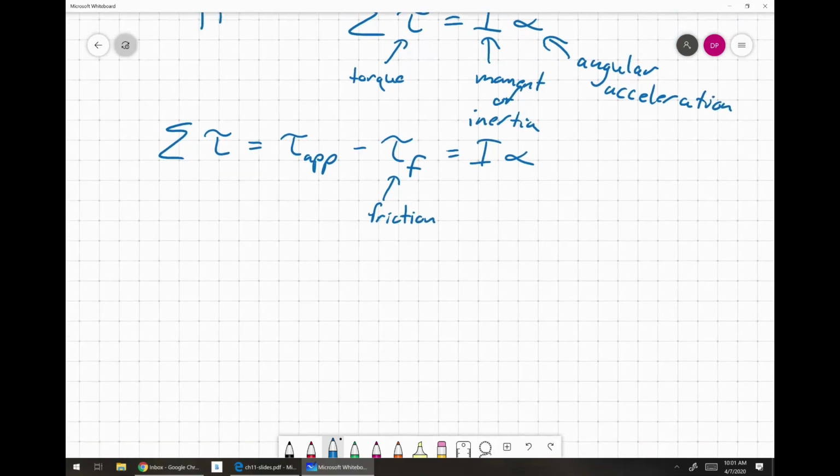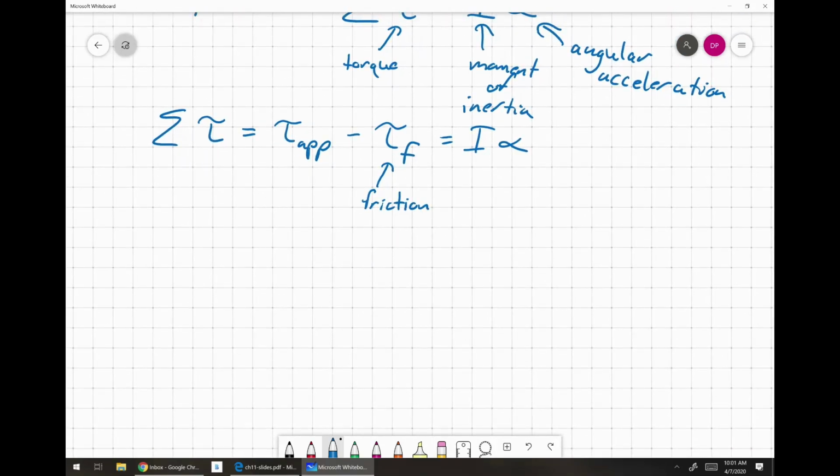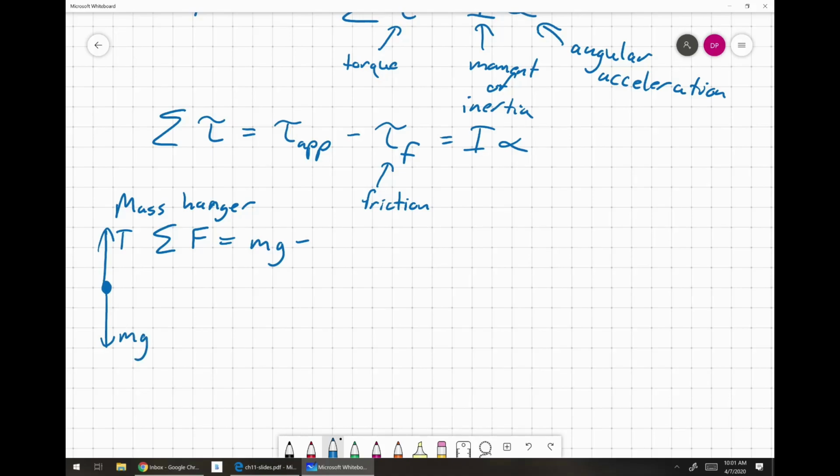Okay, so we can start using our force analyses here. If we consider the mass hanger and the forces acting on it, and if we call down our positive direction, because that's the direction things are going to move, so we might as well call that down. Here's our mass hanger: you're going to have tension going up, and we're going to have the force of gravity, which is going to be m times g, pointing down, and we're going to call our down here our plus y direction.